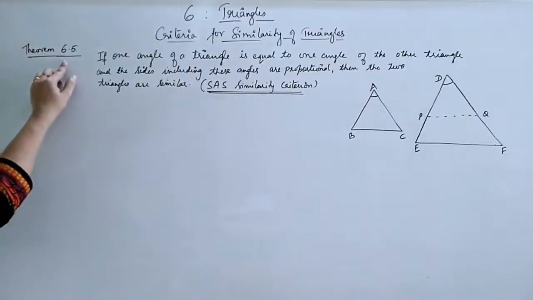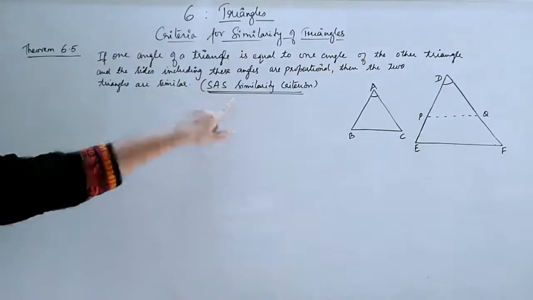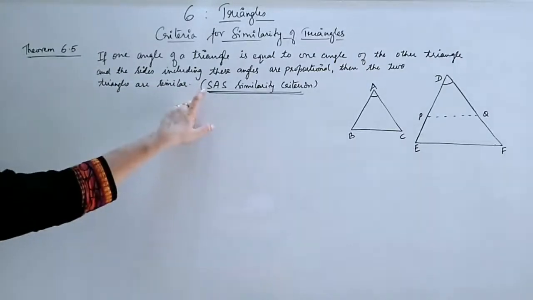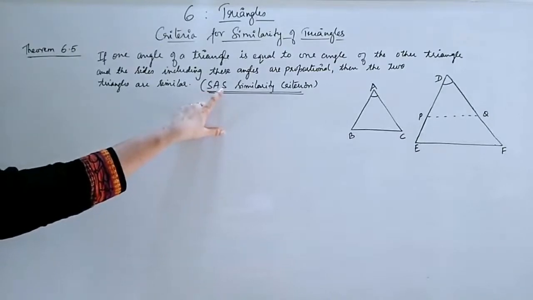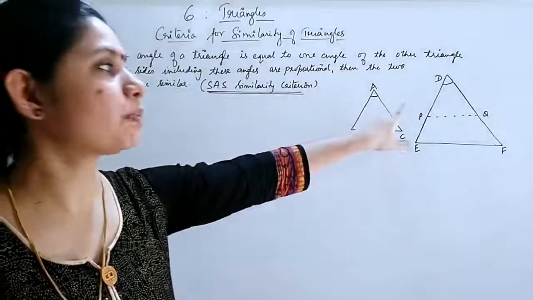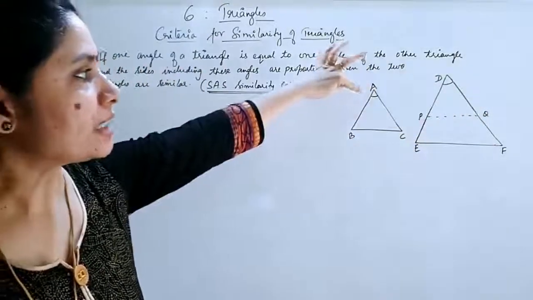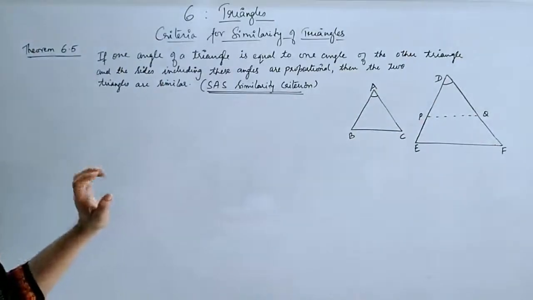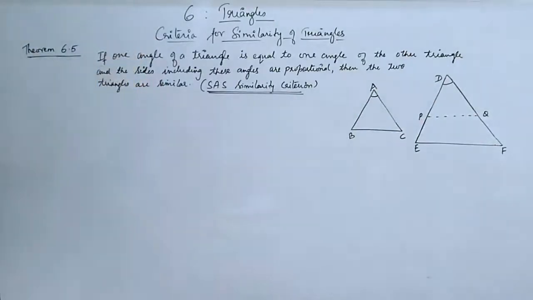Next theorem or next criterion is SAS Similarity Criterion. Now what is SAS? Side angle side criterion. That means you have two sides to be proportional given and one included angle. They are equal. Then you can say that the two triangles are similar.